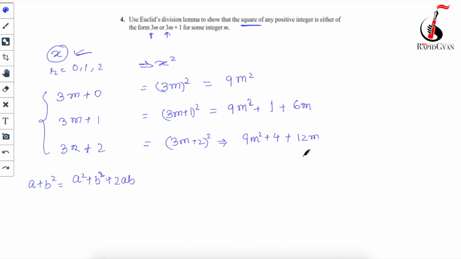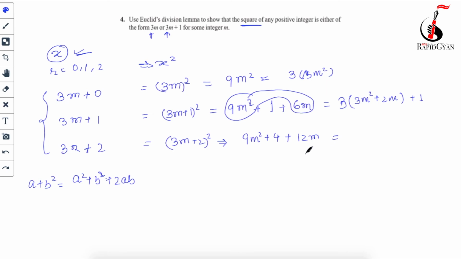Okay, so now look into this, and now you will have to divide this by 3. Further I can clearly see this 9m square is divisible by 3, because I can write it in this form, 3 times 3m square, correct? Take these two numbers together, I can take 3 common from these two expressions, and in the bracket I can write 3m square plus 2m plus 1, correct?